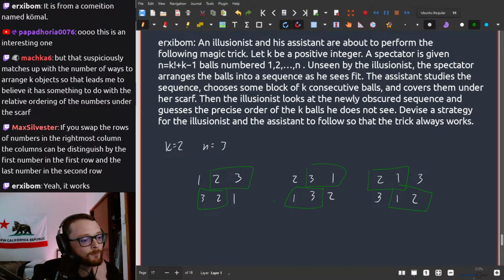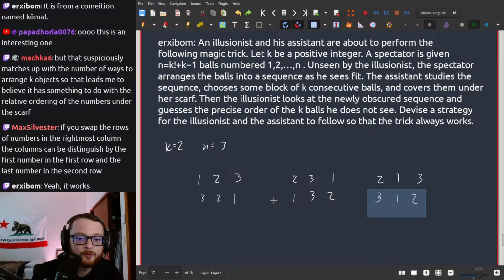Okay. If you swap the rows of numbers in the rightmost column, the columns will be distinguished by the first number in the... Oh, shoot, I might have rearranged the rows after you said that, because I wasn't paying attention to the chat. If you swap the rows of numbers in the rightmost column, let me see if... I haven't read the rest of the comment yet, but let me just do that.